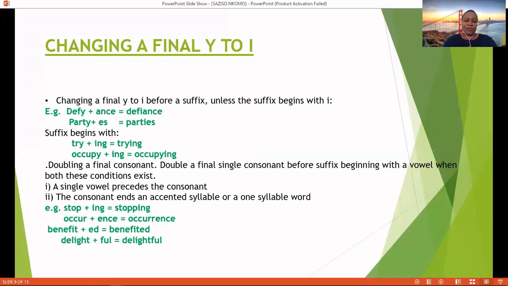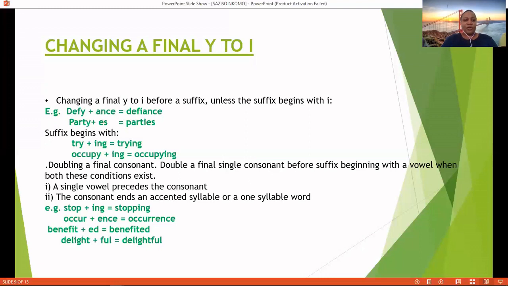For example, stop. We see there we have the consonant and the vowel coming together, then we will have our word stopping. We have doubled our consonant P. We will double our consonant R. Those are some of the examples we have there.